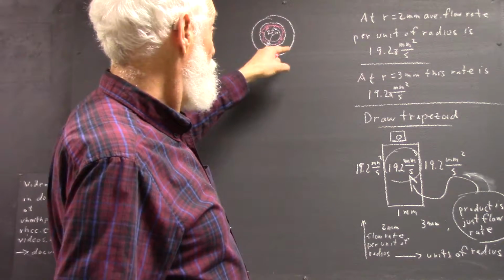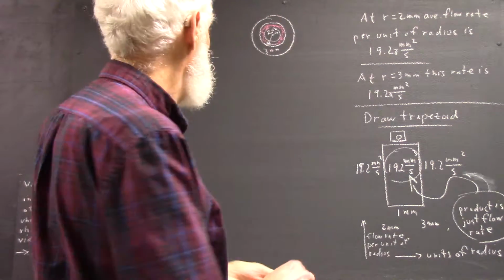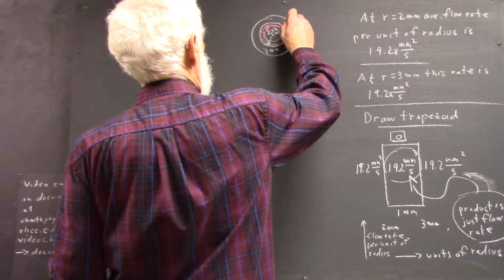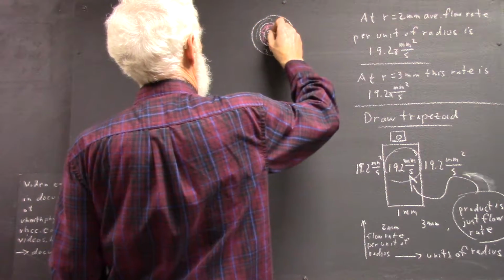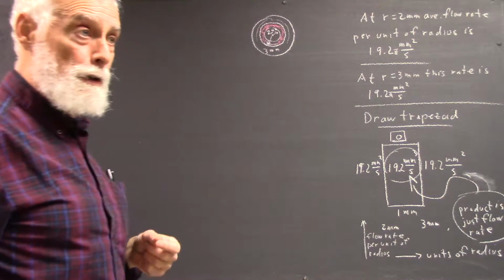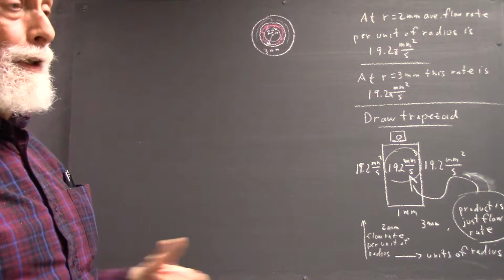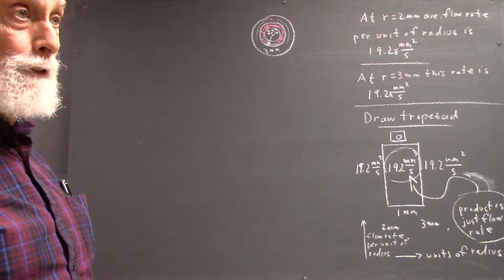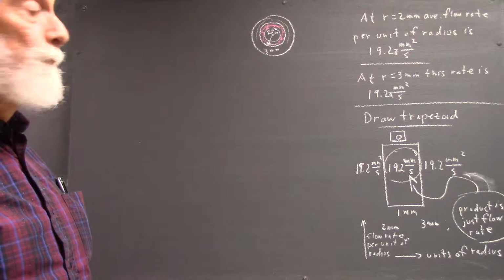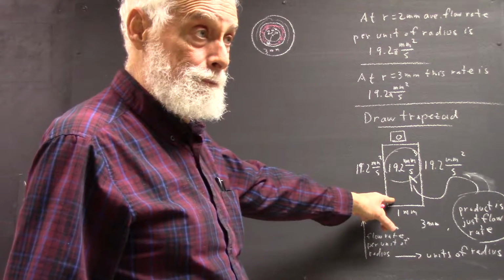Now we could do that between 3 and 4 millimeters, so we get this part of it. And between 0 and 1 millimeter, we get that part of it. That would just involve constructing 4 trapezoids, very similar to this one.